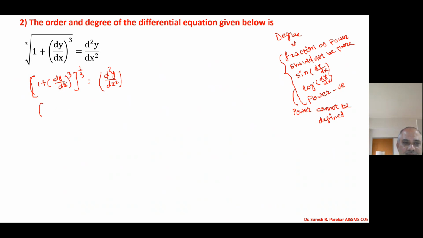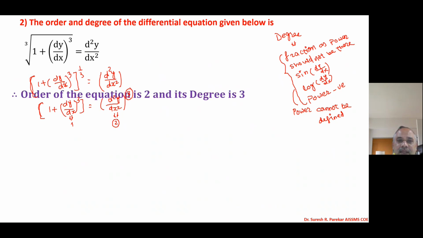Then we get 1 plus (dy by dx) to the power 3 equal to (d2y by dx square) to the power 3. The order of dy by dx is 1 and the order of d2y by dx square is 2. So the highest order is 2, and then we see its power, which is 3. So we have order 2 and degree 3. Likewise, we have to solve the problems. You should be very clear with this.